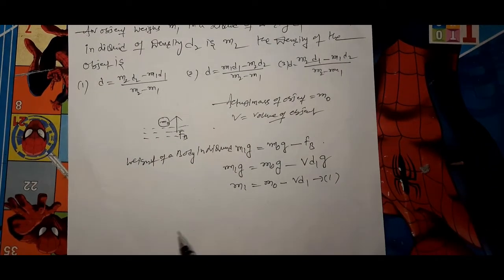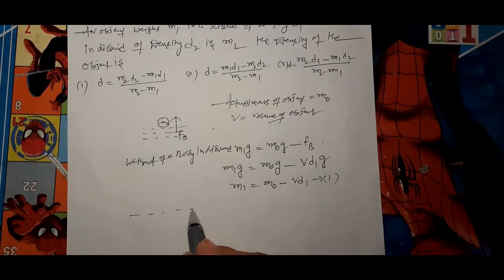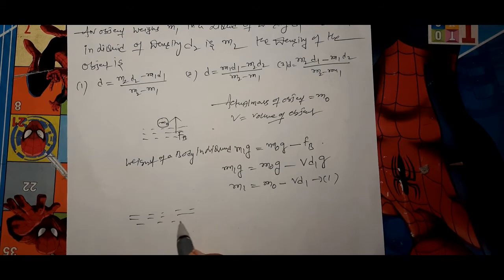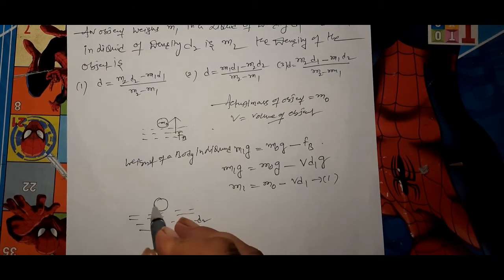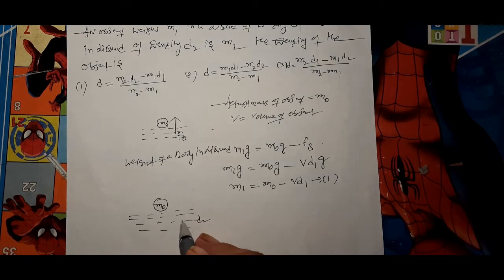If the same body is placed in a liquid of density d2, then what happens? Its weight in the liquid is m2g in the downward direction.